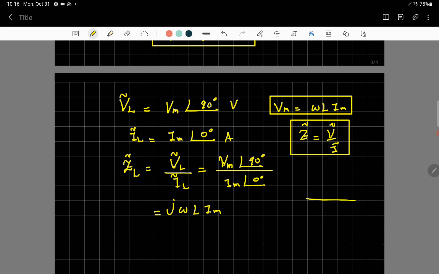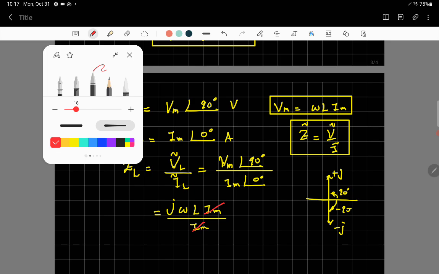Remember complex numbers: positive J is 90 degrees and negative J is negative 90 degrees. So I divide by Im angle 0, which you can write as Im. Doing that, Im cancels Im.